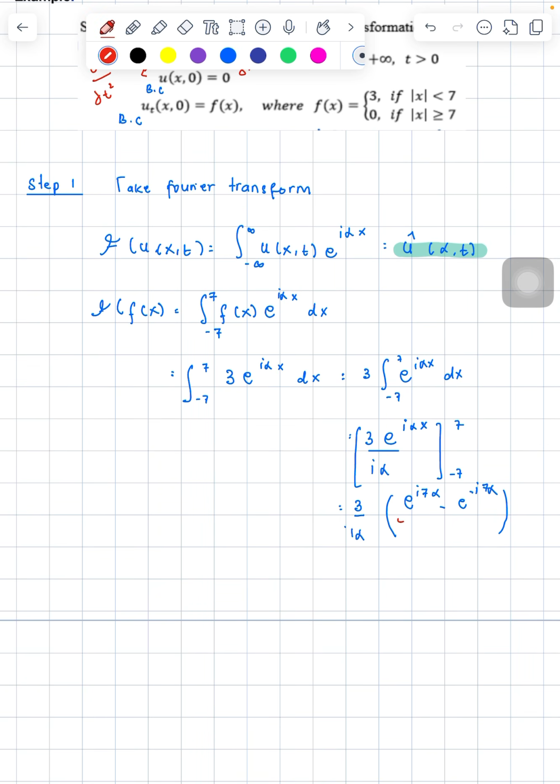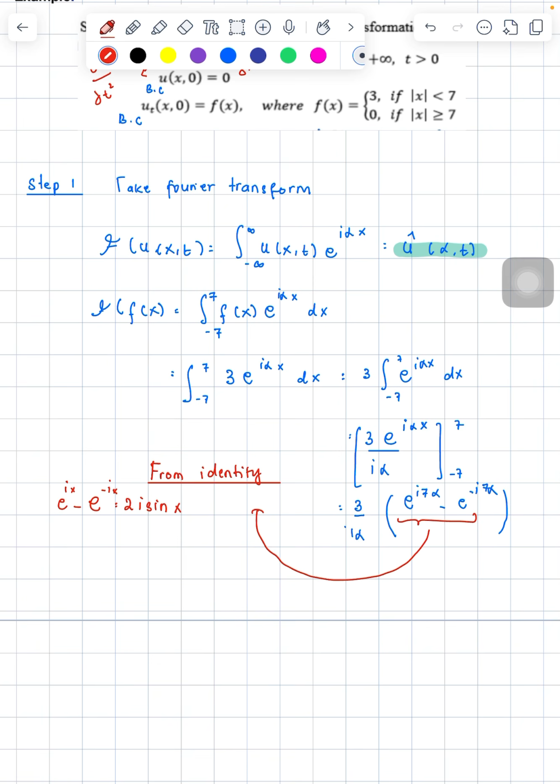And this term, e^(i7 alpha) minus e^(-i7 alpha), we can change into another form from the identity. From the identity, e^(ix) minus e^(-ix) equals 2i sin x.